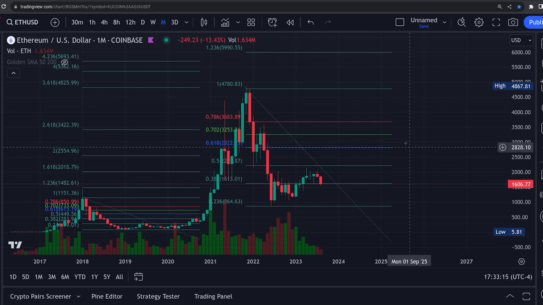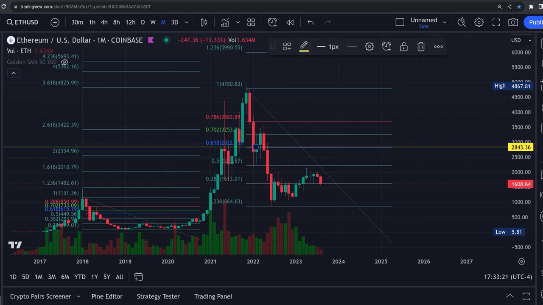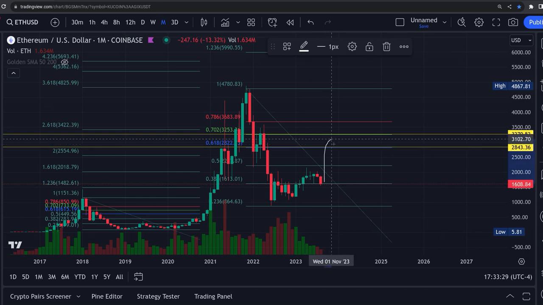Normally you would be looking at these levels here, the 618 right up there, or at least up to the 702. That would be a normal retracement, and then the coin normally would get up to these areas and either roll over, or we get up to these areas and break through.